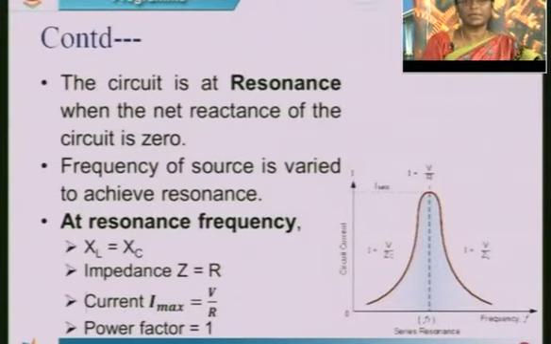As we increase the frequency above the resonance frequency, the current decreases, and as the frequency tends to infinity the current tends to zero. So, the response curve indicates the variation of the current through the circuit with the frequency, and it has a maximum at one particular frequency, which we call the resonance frequency.